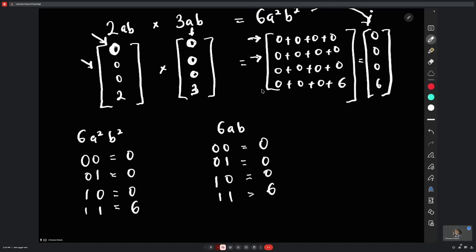Here we can see that over the Boolean hypercube they are the same, but this polynomial has a higher degree. So both of them pass through the same points over the Boolean hypercube, but that does not necessarily mean they are the same, because they are of different degrees.